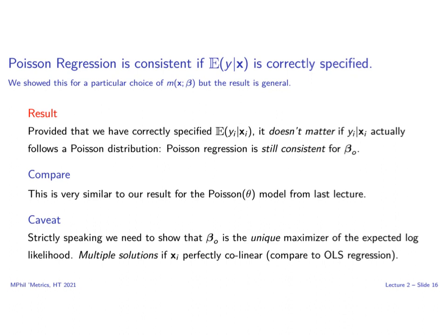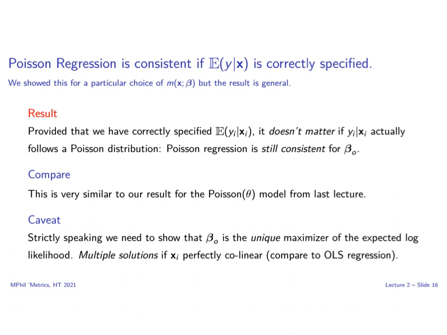This is actually very similar to what we saw in our first lecture when we found that the Poisson maximum likelihood estimator for theta, remember that theta is the mean of a Poisson distribution, that is still going to converge in probability to the mean of the distribution from which the data were drawn if the data did not come from a Poisson distribution. So this is a bit like a regression analog of that result that we've already seen.